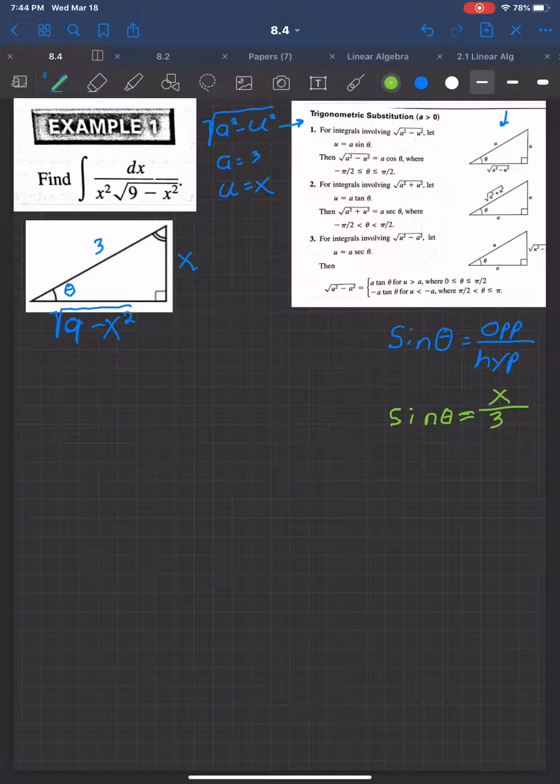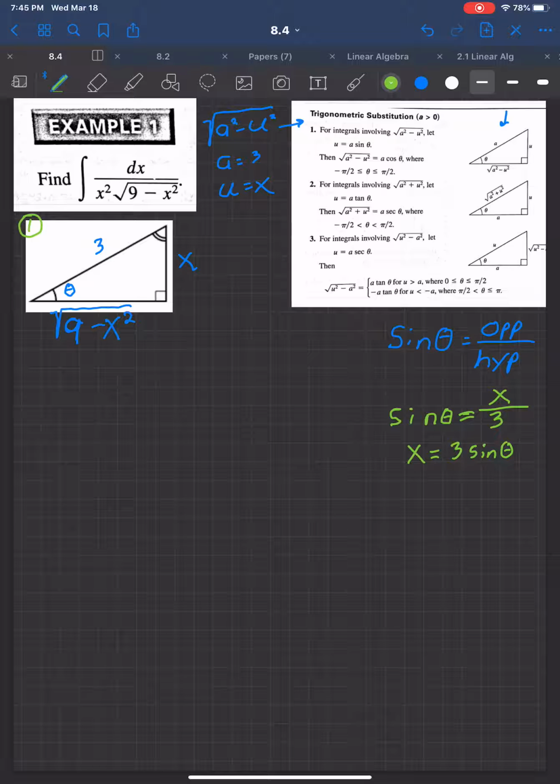If you're looking for a playbook, step 1 for me is always draw the right triangle so that I can figure out which type of substitution is going to work. Then, once I know this is a sine of theta problem, I plug in and solve for x. Multiply both sides by 3, so x is equal to 3 sine of theta.